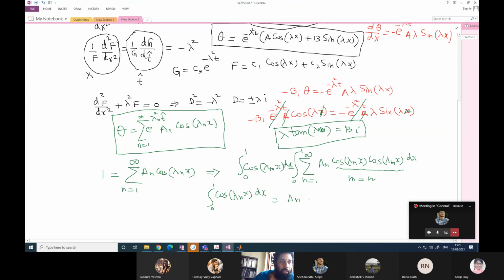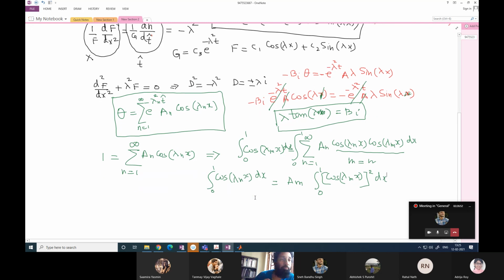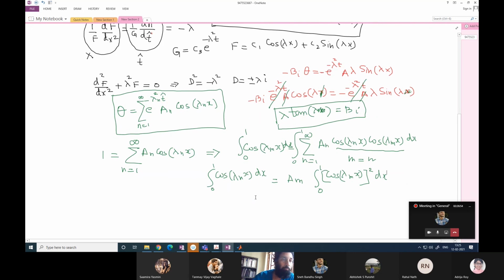So a m equals a m times the integral from 0 to 1 of cos squared lambda m x dx. That gives us the value of a m.